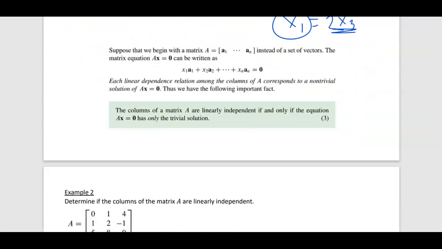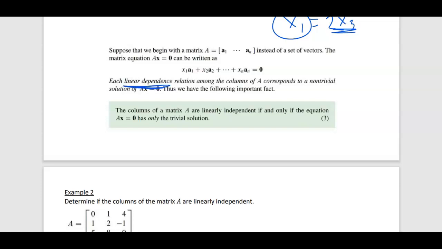All right, suppose that we begin with a matrix A instead of a set of vectors, so just putting those vectors into a matrix. The matrix equation Ax equals 0 can be written as x1, x2, all the way up to xn times your a_n's equals 0. Each linear dependence relationship among the columns of A corresponds to a non-trivial solution of Ax equals 0 because there is that linear dependence.